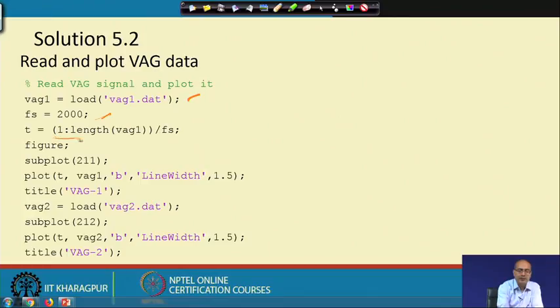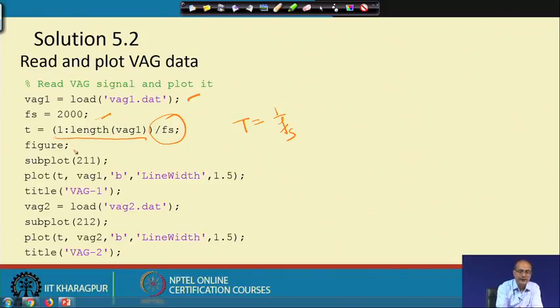So, if we look at the time axis to plot that, we find out the number of samples that is there, and we multiply it with capital T, that is the time period, and capital T is nothing but 1 by Fs, okay, where Fs is the sampling frequency. So, to do that we have divided this vector by the sampling frequency. Okay.